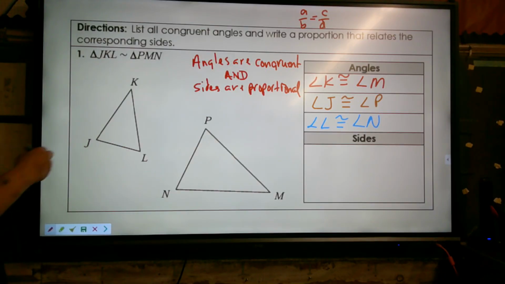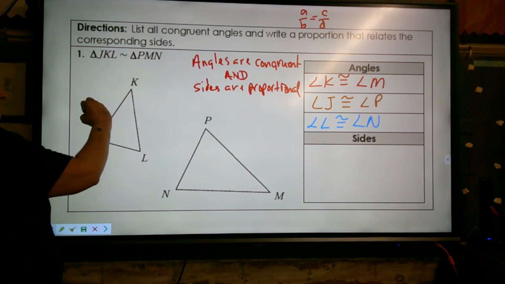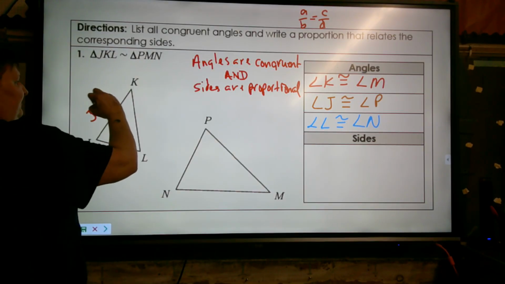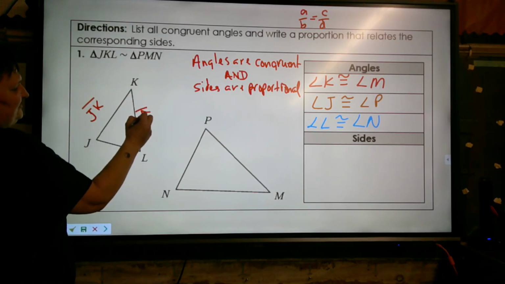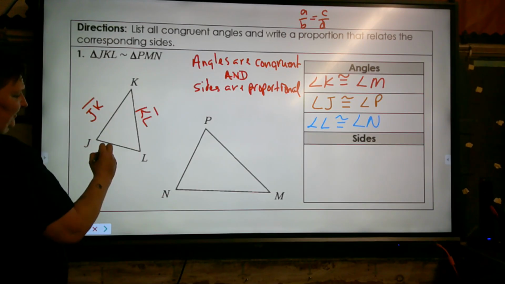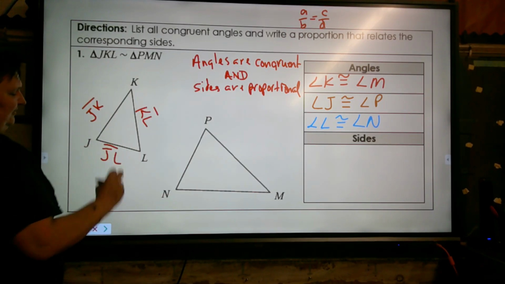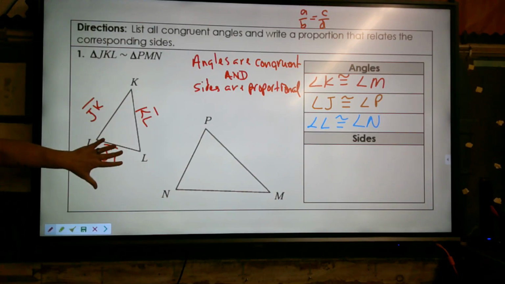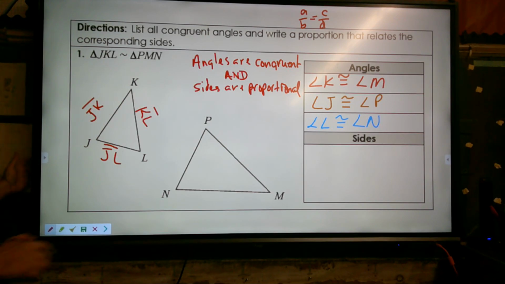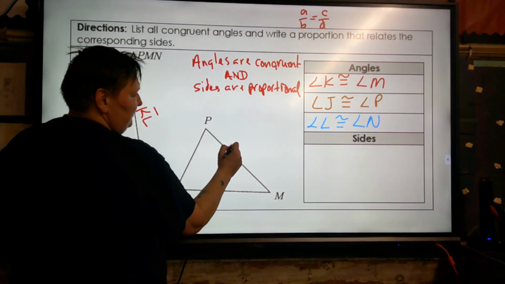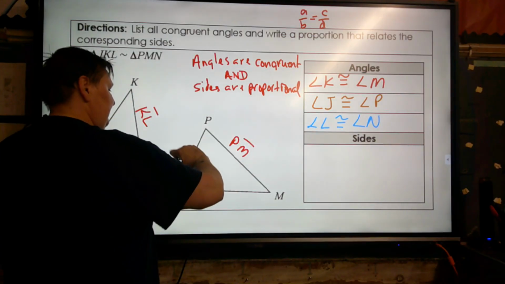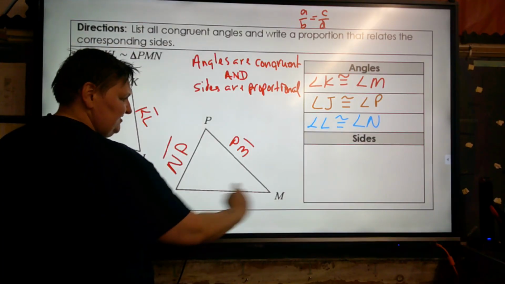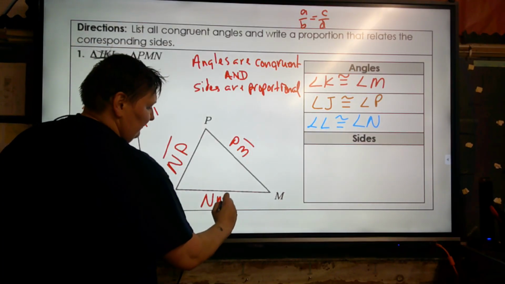Let's number them. What is this side called? This side is JK. This side is KL, and this is JL. We labeled our sides. It's going to help us. This side is PM, this side is NP, and this side is NM.